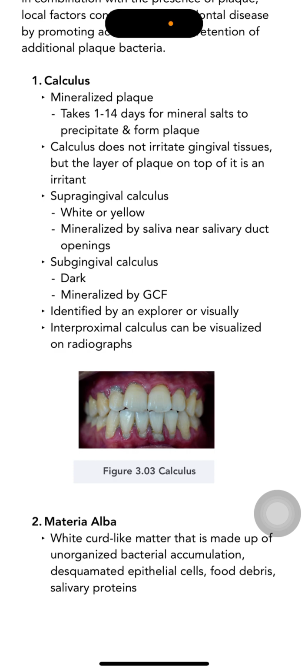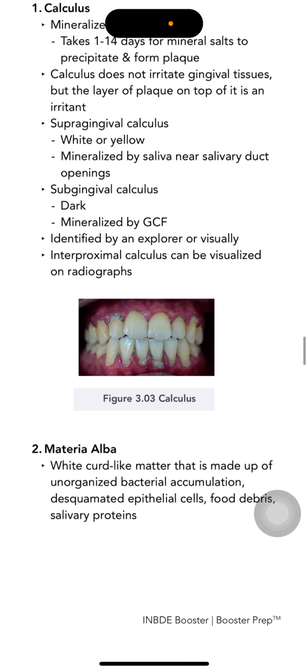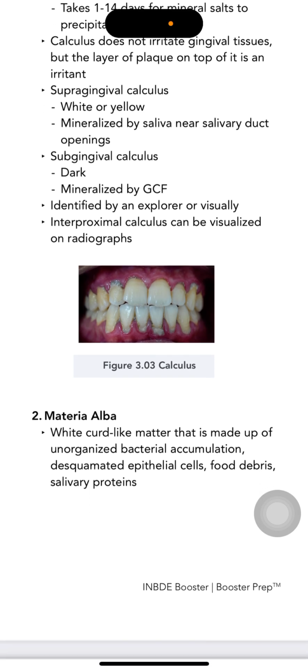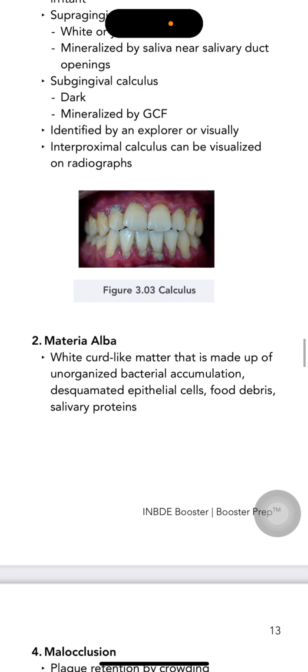Supragingival calculus is white and yellow, mineralized by saliva, near salivary duct openings. Subgingival calculus is dark, mineralized by GCF, identified by explorer or visually. Interproximal calculus can be visualized on radiographs.